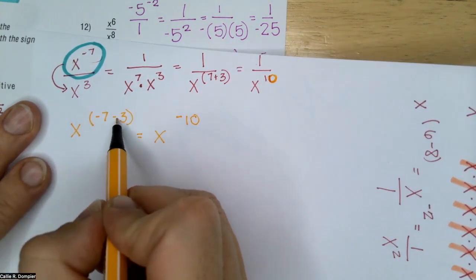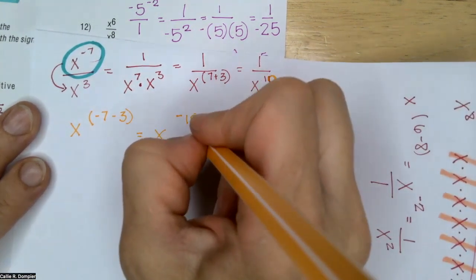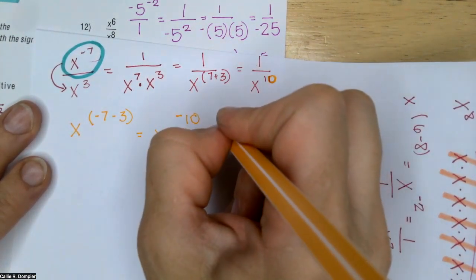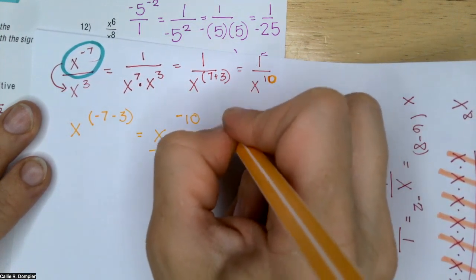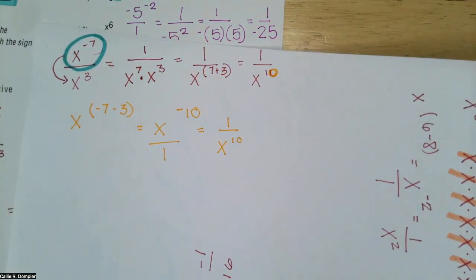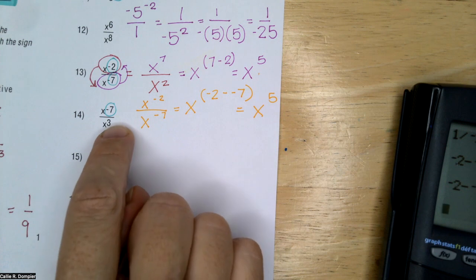So if you subtract negative 7 and negative 3 correctly, you get negative 10. That's embarrassing. Now it's a negative. You need to move it, make it into a fraction, move it across the fraction bar. Now it's a positive. Good. All right. So that one would be 1 over x to the positive 10.